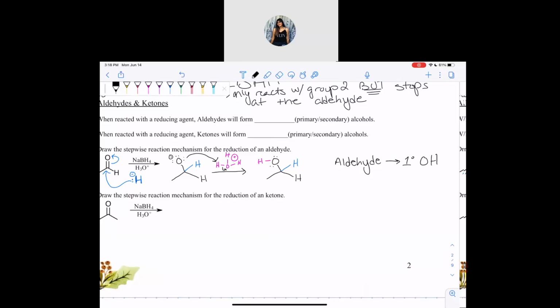Whether we have this reducing agent or LiAlH4, it's going to be the same exact mechanism. So yeah, it will always basically go from an aldehyde to a primary alcohol if we have NaBH4 or LiAlH4.